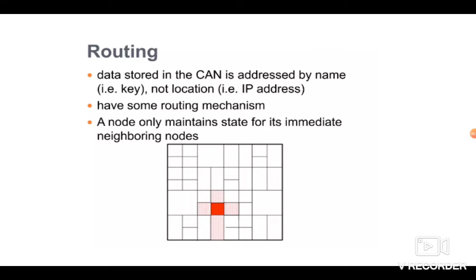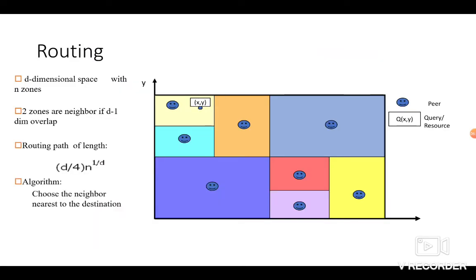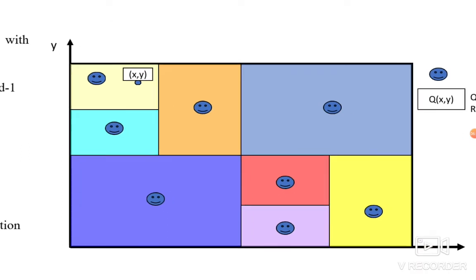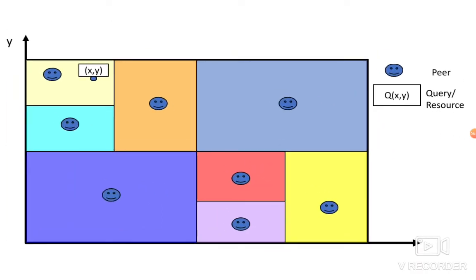It is not addressed by location, that is, we can't use the IP address to locate the data. Each node maintains a routing table which has all the details about the neighboring nodes. This is how the request is forwarded.